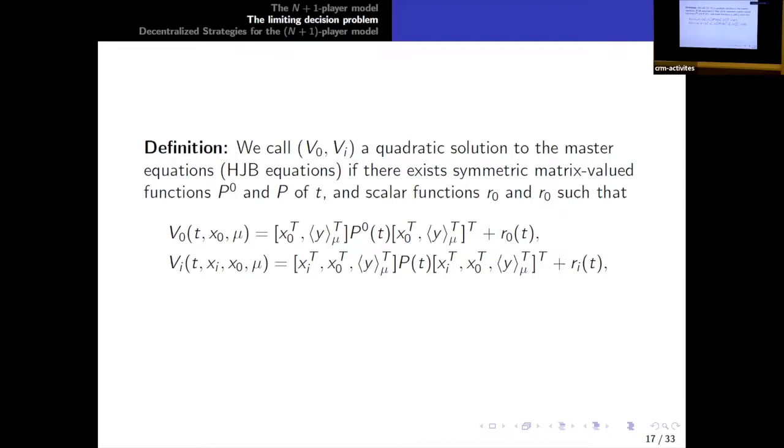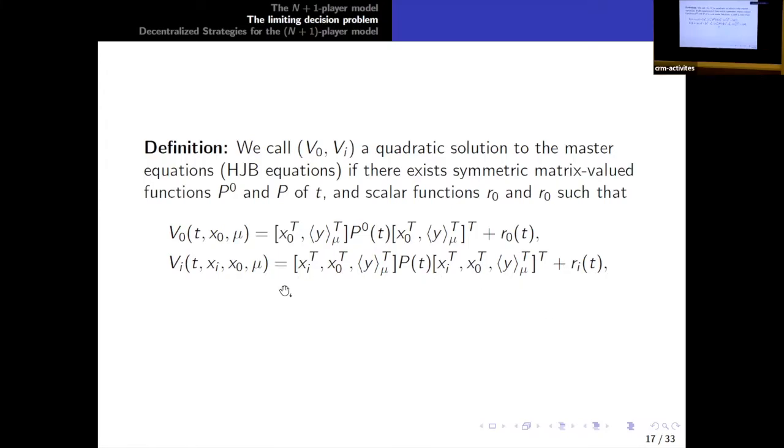Actually, we can restrict to this kind of solutions. We call them a quadratic solution to the master or HJB equations. If we can find two matrix functions P0, P here as the weight coefficient in the quadratic term, and the R0 and R here, then we say we have a quadratic solution for this problem.